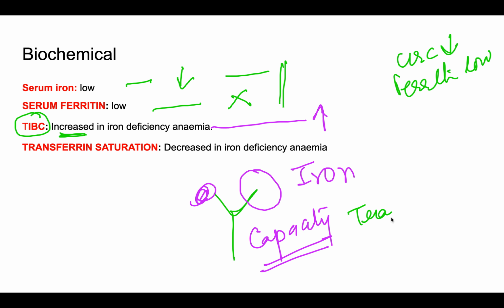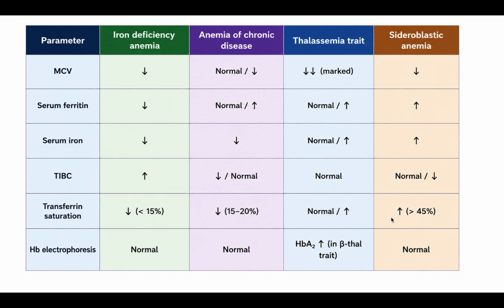It wants to bind to iron, so total iron binding capacity increases, but transferrin saturation, because it is not being saturated, will decrease. So transferrin saturation decreases and total iron binding capacity increases.